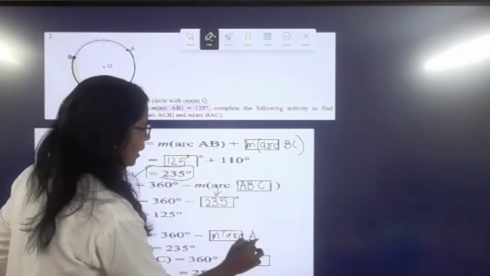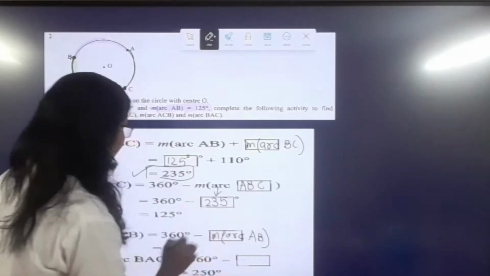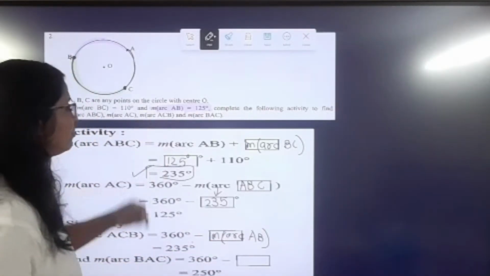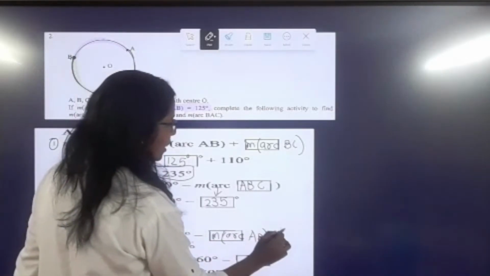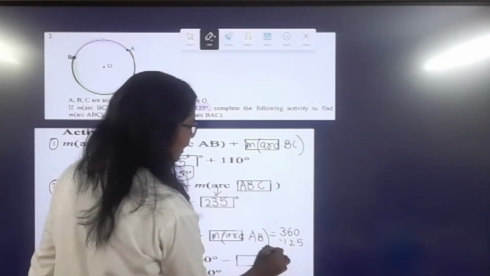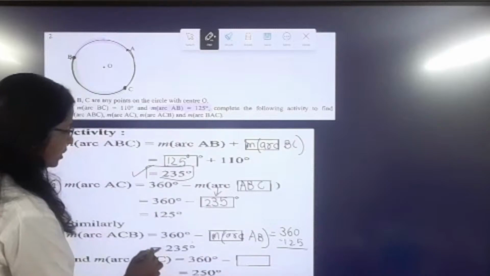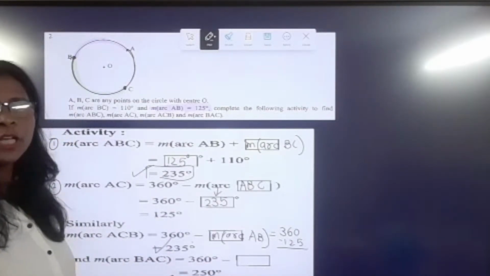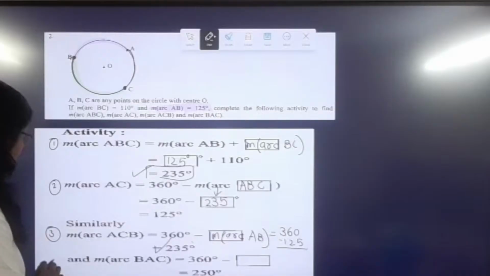Major arc AB is 125. So 360 minus 125, that means 235 degree. So the third part is covered.